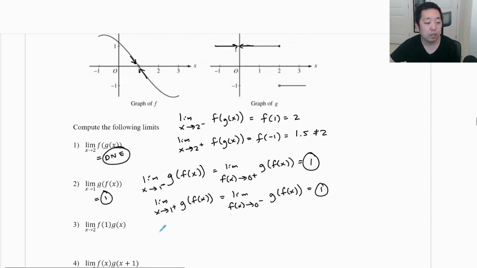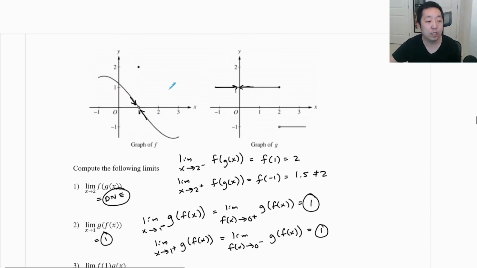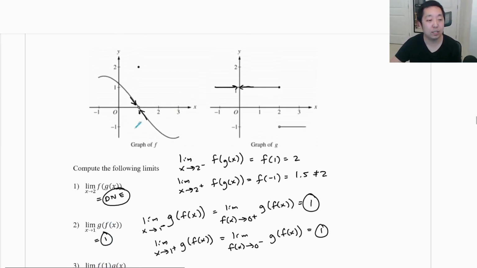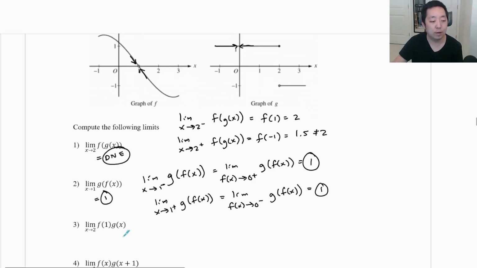Okay? How about the limit as x approaches 1 of f of 1 times g of x? Now f of 1 is 2, and g of x from the left and the right are different values. So if I look at it from the left, f of 1 I can just replace with 2. 2 times g of x.